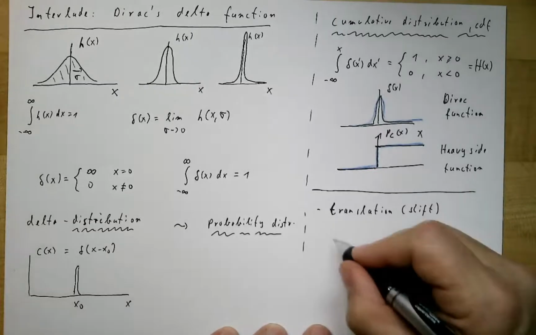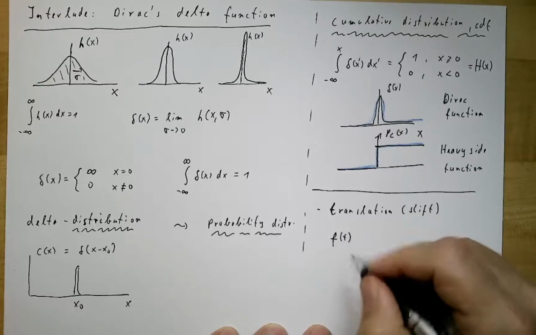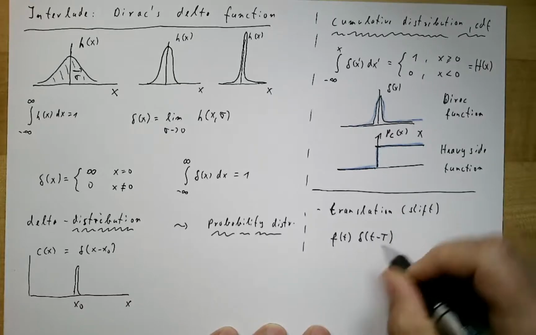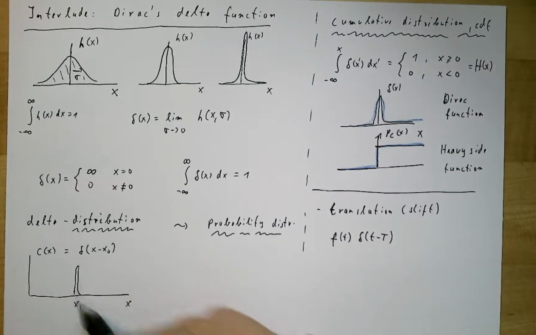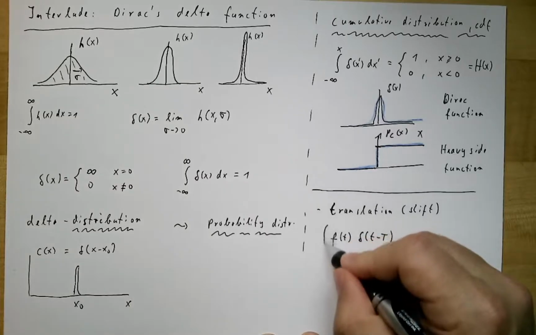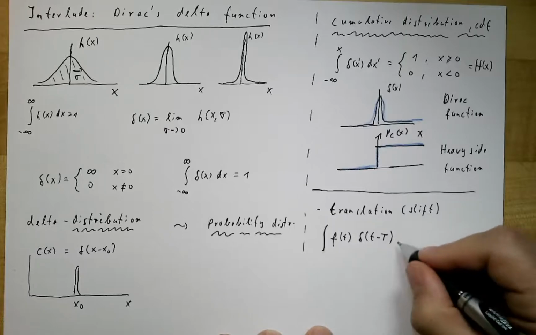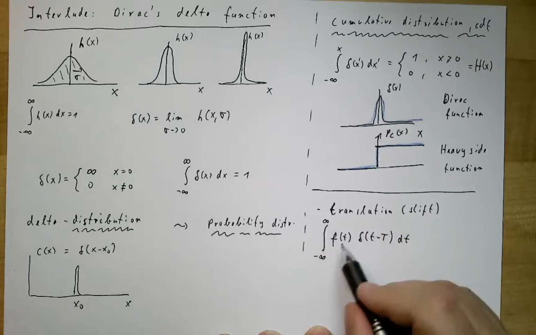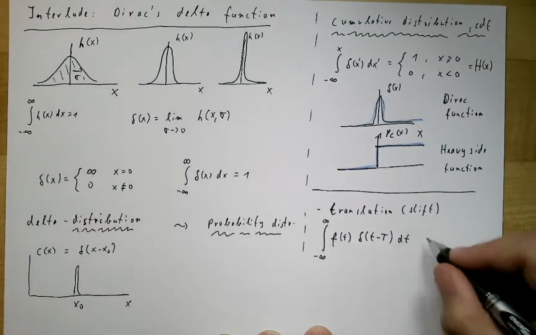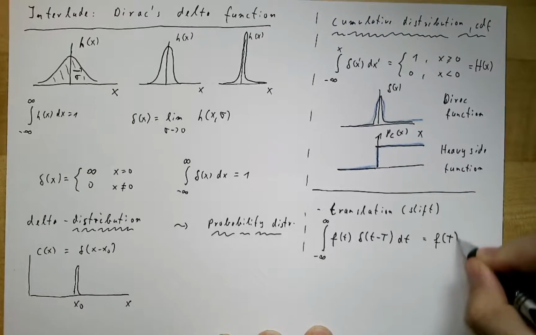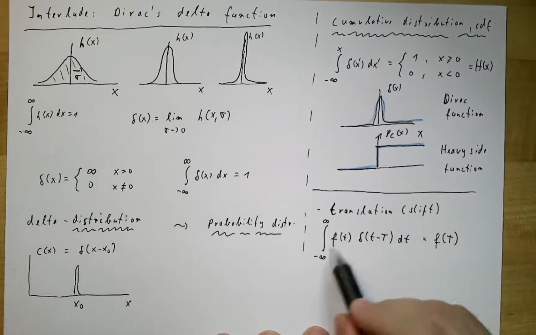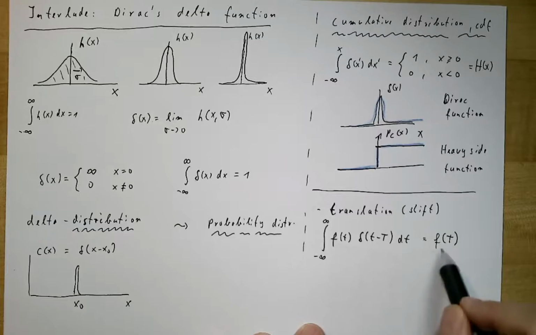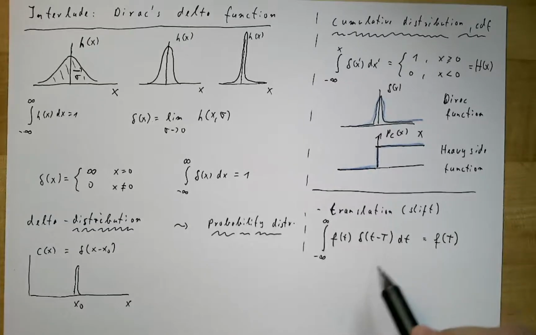Let's say we have a function f of t, and we integrate this function with a Dirac delta function which is localized at some other point, at some point capital T. Now if we integrate this over dt, then this function just picks out the value of f at capital T. So if we have a function and we want to pick the value at a certain point, we just integrate over a shifted Dirac function.